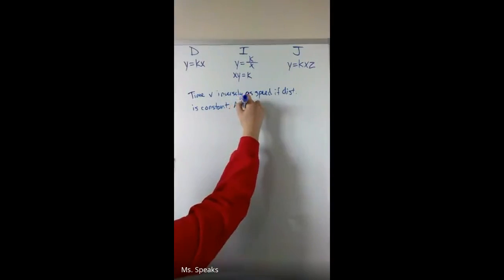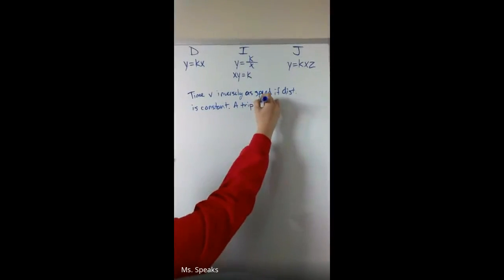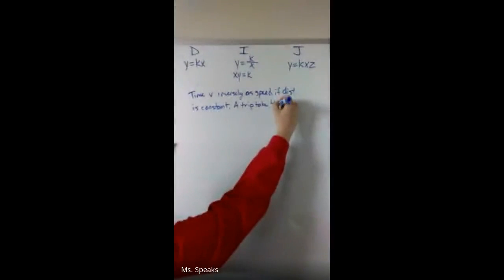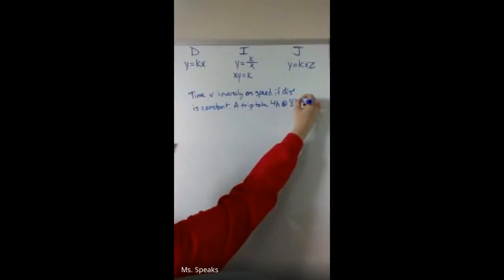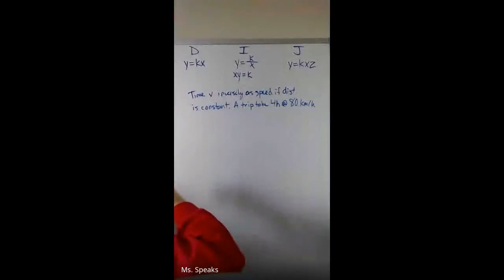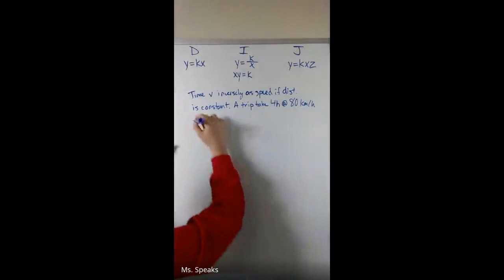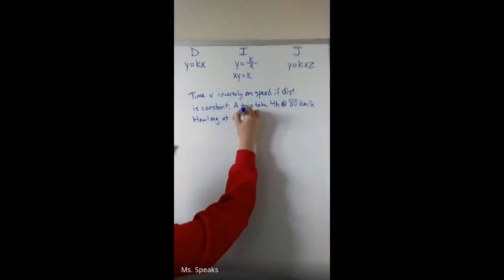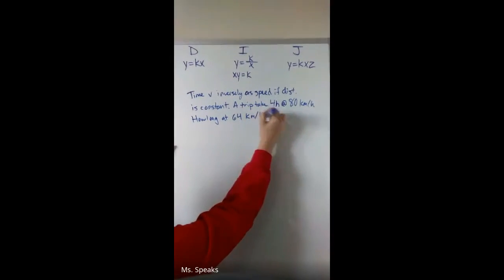A trip takes 4 hours at 80 kilometers per hour. How long at 64 kilometers per hour?